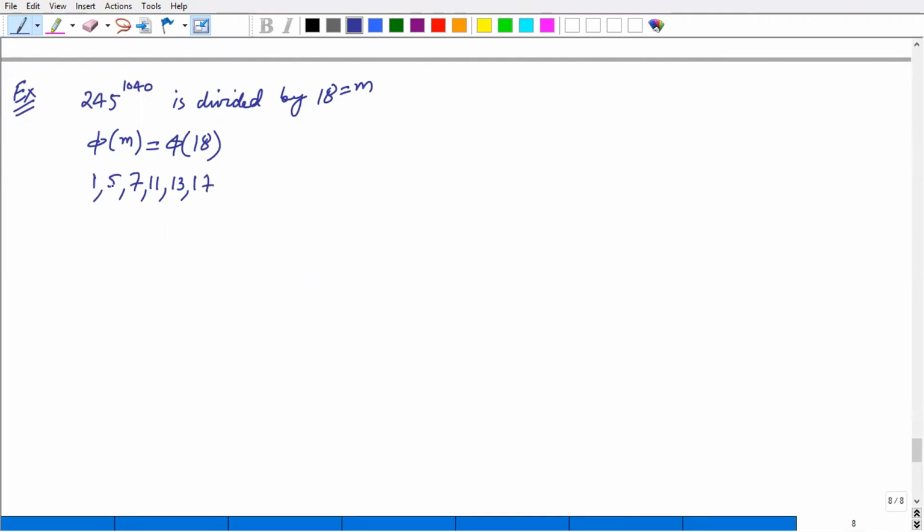So how many numbers? 1, 2, 3, 4, 5, 6. So phi of 18 is 6 here.